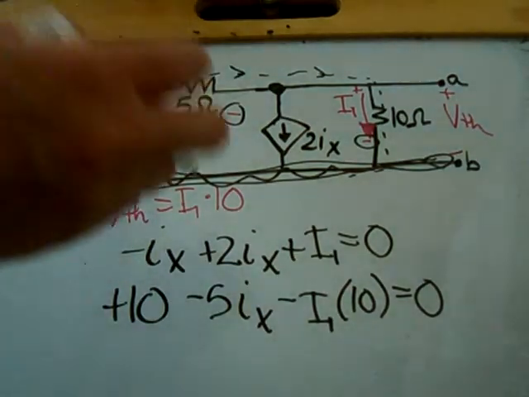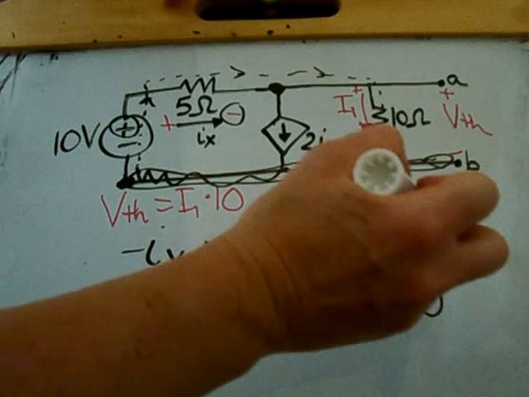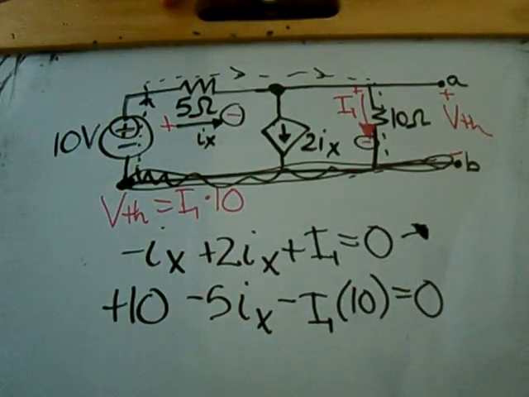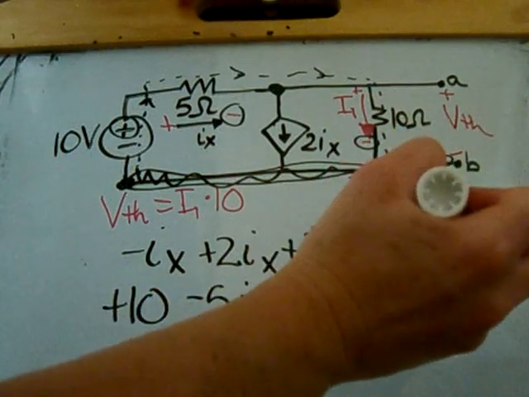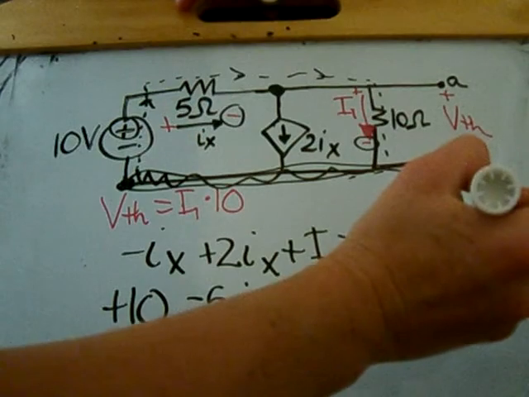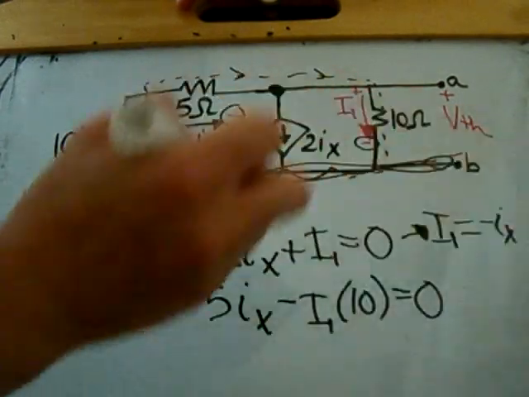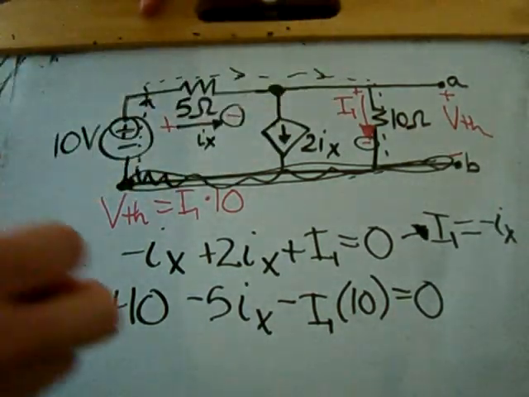So from this one, I have the I1 is equal to a negative IX. 2 minus 1 is a positive 2, and then I take that over to the other side.